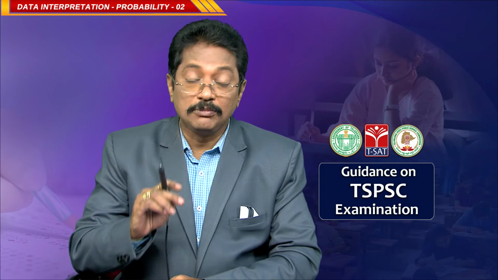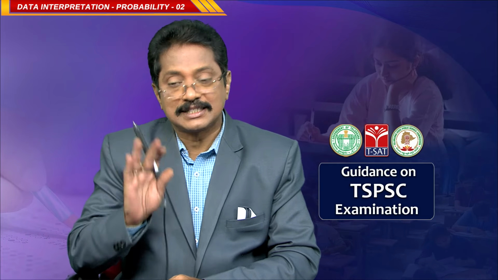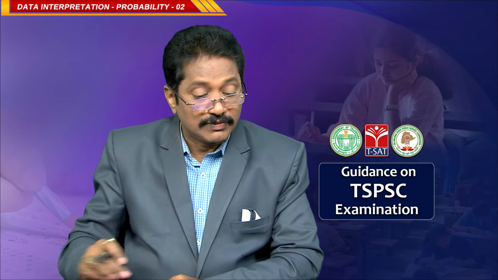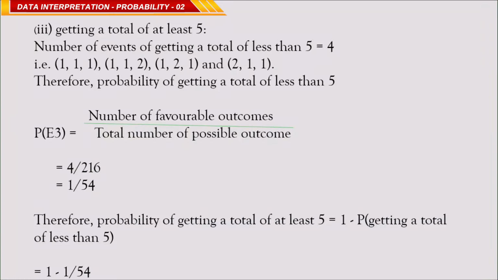So at most means you have to remember that it is less than or equal to 5. Now what if they give at least? At least means greater than or equal to 5, so the possibilities are 5 and 6.